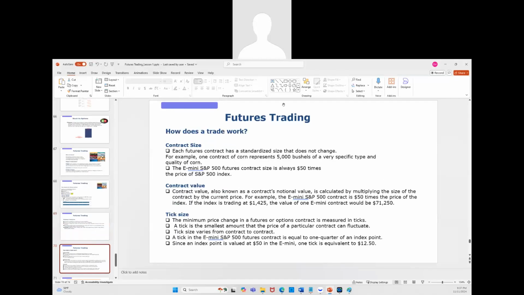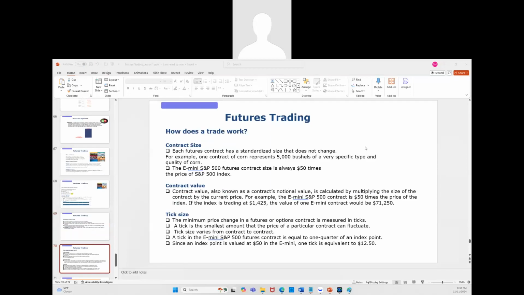The next thing here is, how does a trade work with futures? So we have what we call contract size. Each futures contract has a standardized size that doesn't change. That size is fixed.